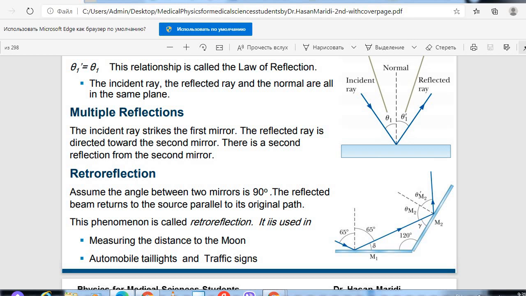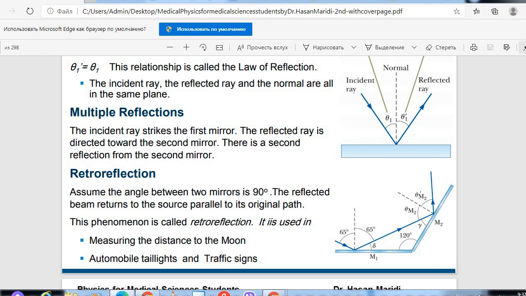It is used in different types of science, for measuring distance. A very famous experiment is measuring the distance to the moon, because the reflected beam returns to the source parallel to its original path.